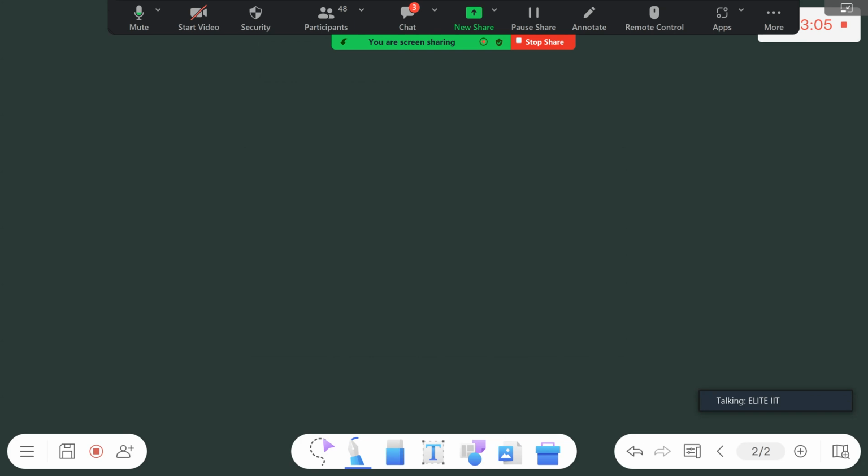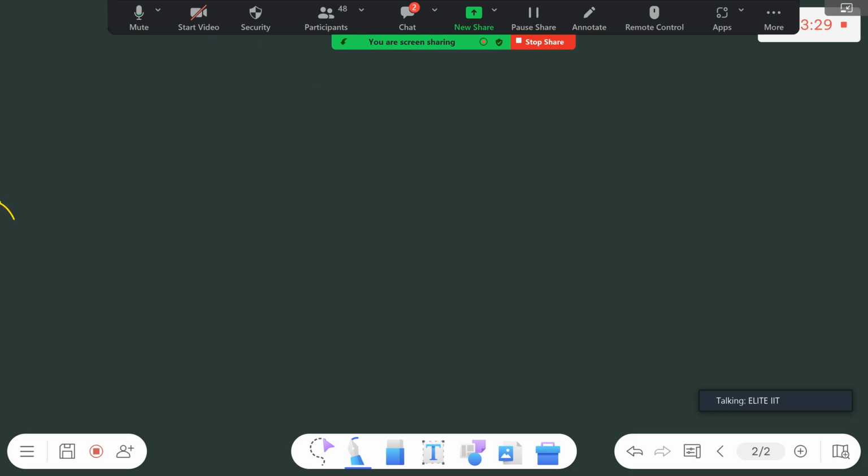Okay then, we'll begin with the fractions now. Yesterday we did addition of fractions. Then? Did you do subtraction? No. So today let us look at subtraction of fractions.